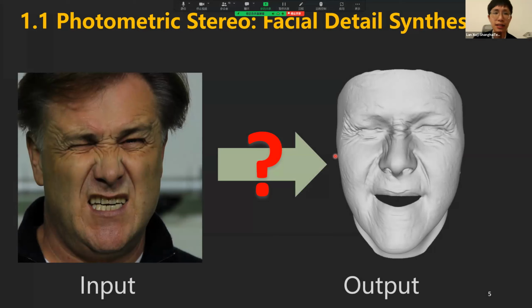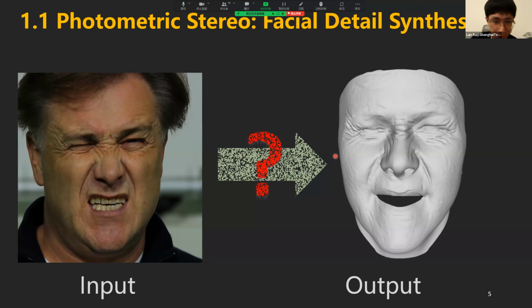Based on these facial geometries, we want to further reconstruct the geometries from more lightweight inputs, for example, images. If we collect a large dataset from our photometric stereo systems, then based on our dataset we could do tasks like facial detail synthesis from image input.